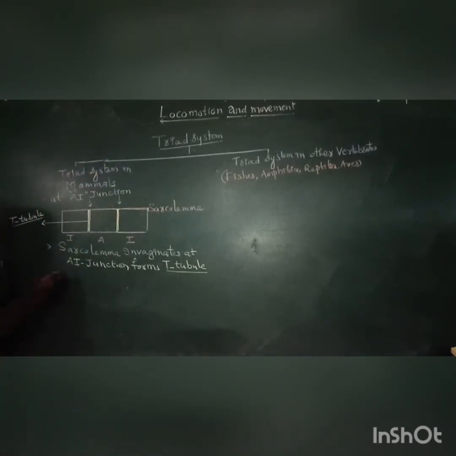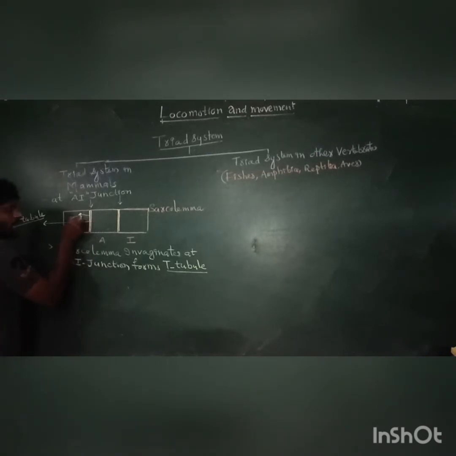The T tubule is flanked on either side by terminal cisternae, which is equal to a triad.